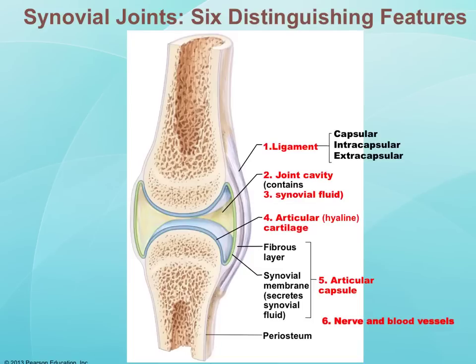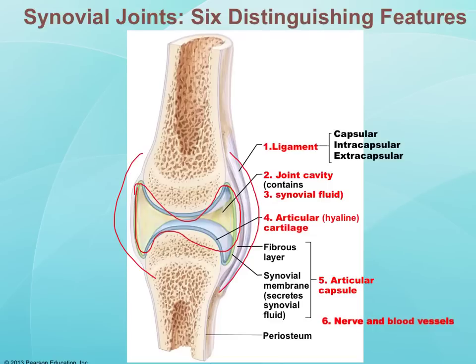Synovial joints are far more complicated and quite unique compared with other joints. All synovial joints always have an articular capsule. It's like this. This capsule wraps up the joint and also forms a cavity inside it. This is the synovial cavity.